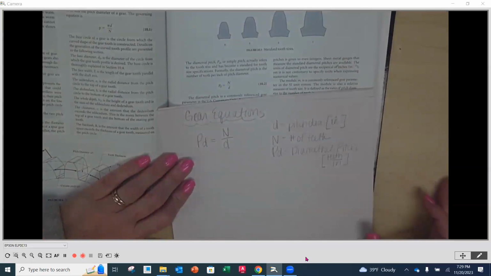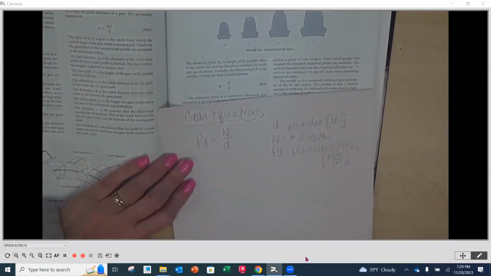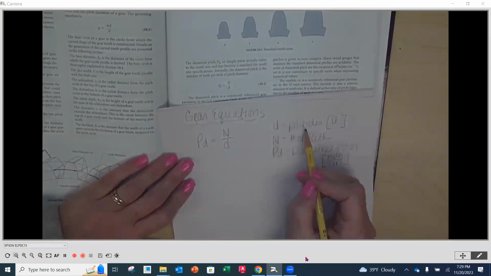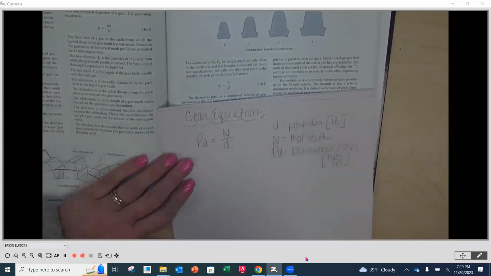Now, diametral pitch and pitch diameter sound very, very similar, but they are very different things. Pitch diameter is always going to be the dimension of the diameter of the circle that is going to engage with the gear that's in mesh. I'm going to look at another diagram, and this one I think shows it a little bit better.